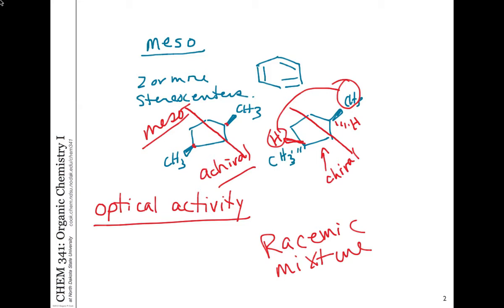So if you have an equal mixture of the 2 mirror image isomers, they cancel each other out. If you had 90% of one enantiomer and 10% of another, you'd see that light being rotated, but not as far as if it was a pure enantiomer.